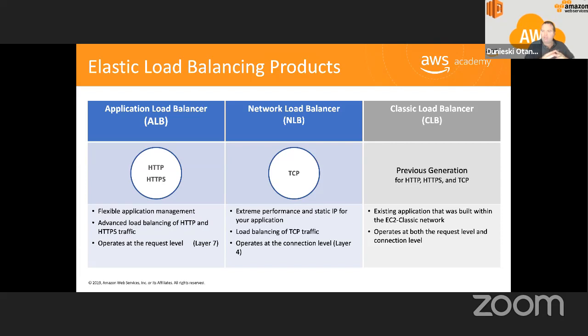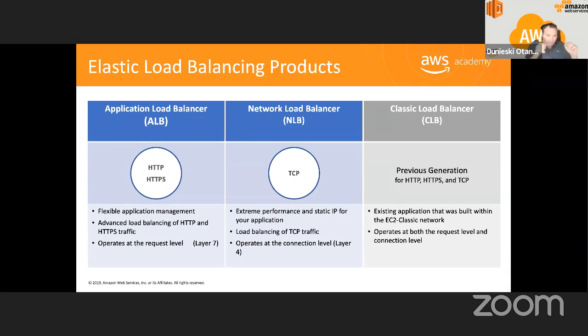So what is this used for? For existing applications that were built within the EC2 Classic network. When you say EC2 Classic network, it's the EC2 instances that were created outside of the VPC. So remember, when you hear EC2 Classic, that means all those EC2 instances that were created outside of VPC.